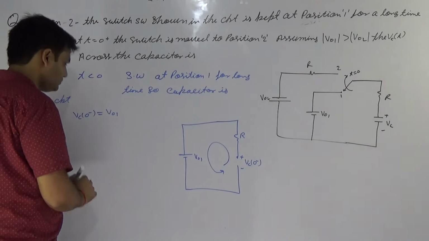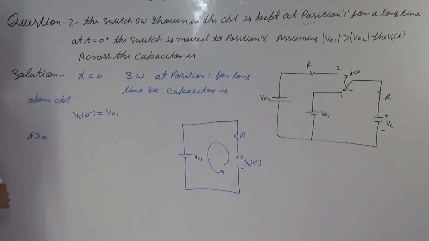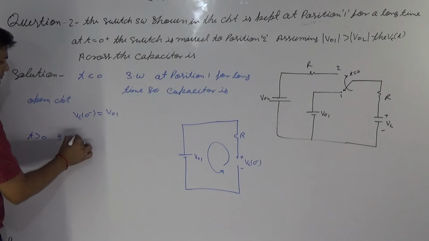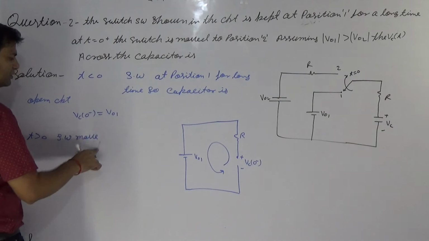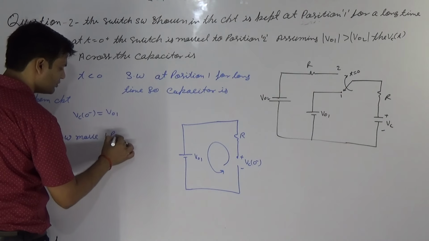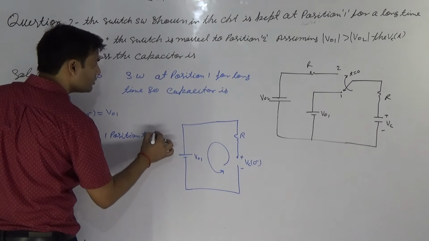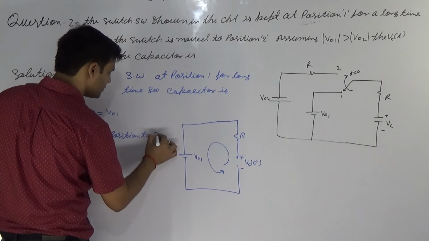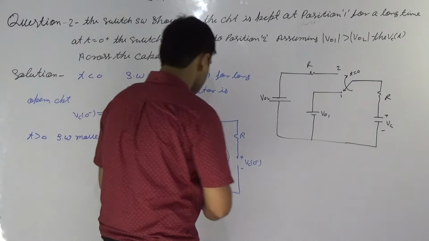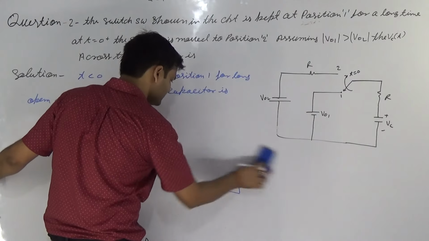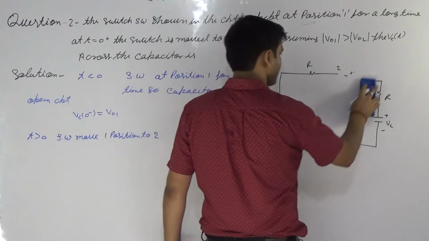Now at t greater than 0, the switch moves from position 1 to position 2. Now the circuit looks like this one.